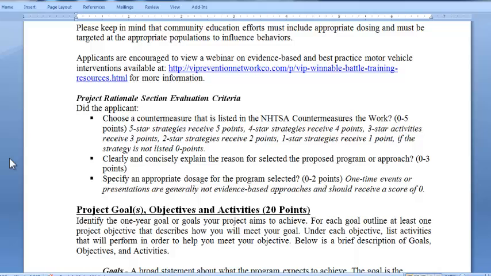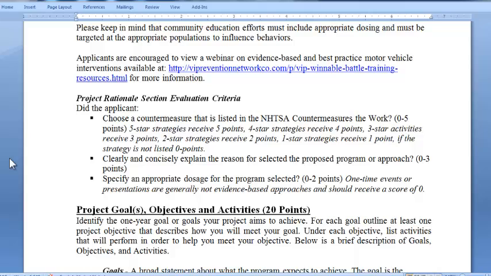If we pick a 5-star strategy, we will receive 5 points, 4-star 4 points, and so on. If we pick something that's not listed at all, it looks like we'll receive 0 points for this section. Okay, so we definitely need to tie it to Countermeasures That Work. I think that's what we have to do for sure.